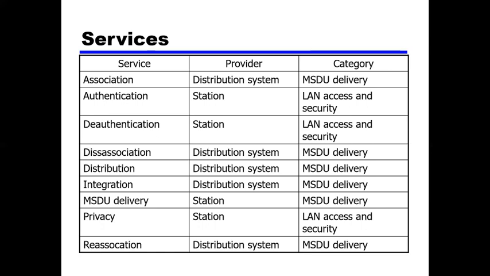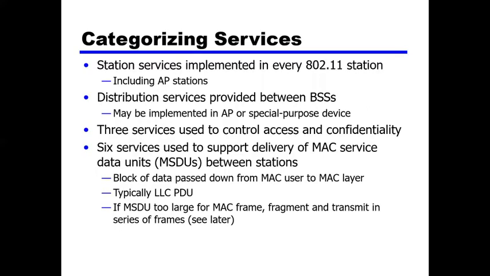MSDU delivery has the particular stations that should be provided, and what is the category is given here. Privacy, stations, and LAN access security for the category. Then reassociation is the distribution system and MSDU delivery.